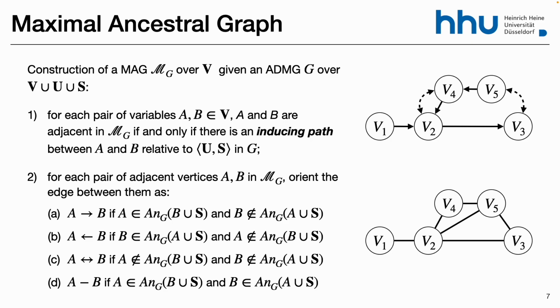What about V5 and V3? Exactly. There is a long directed path from V5 to V3. This is going to be directed from V5 to V3. What about V4 and V2? It's a simple edge. We ignore the bidirected edge. There is only the directed edge. So that's going to be the final one. Okay.